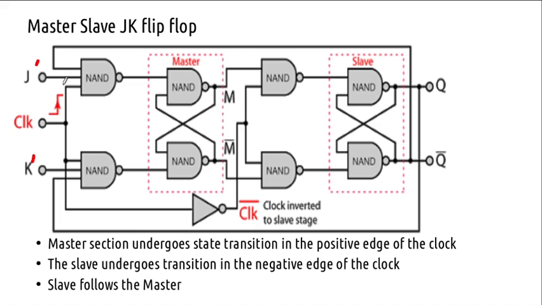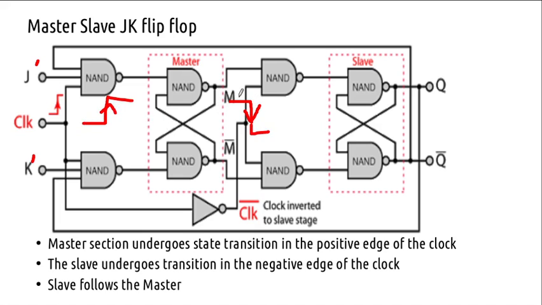So in this condition, what happens? Any more changes due to J equals 1 and K equals 1 will not affect this, because the slave responds only at the trailing edge of this clock pulse, right? Slave will respond only at the trailing edge, whereas master responds at the leading edge.